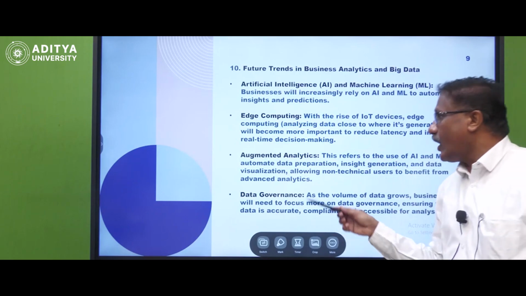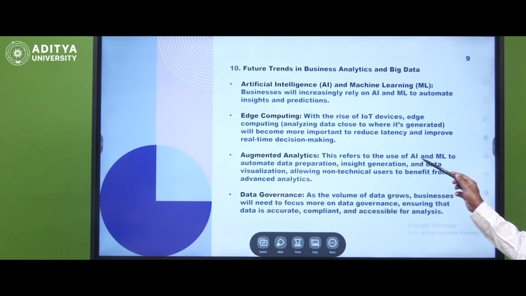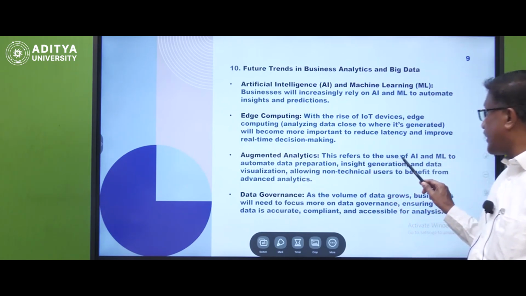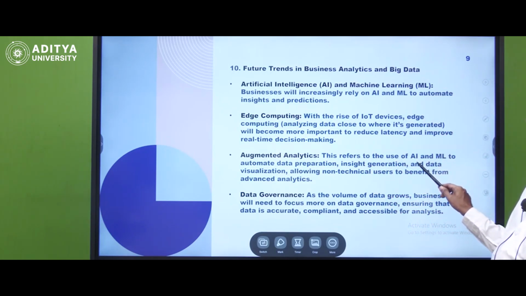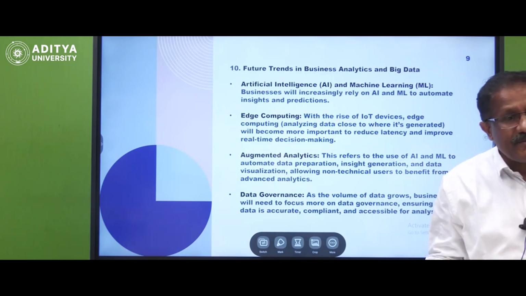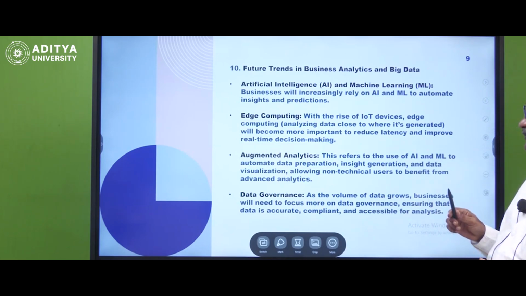And the third point is augmented analytics. It refers to using AI to automate data preparation. So with the use of AI and machine learning, we are going to automate data preparation, insight generation, and data visualization. That means it allows even non-technical users to benefit.